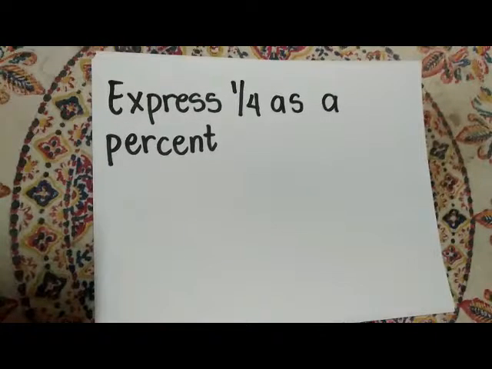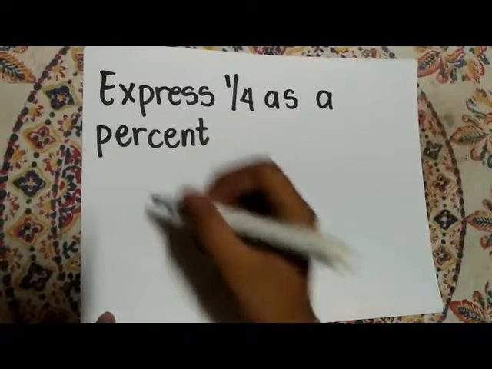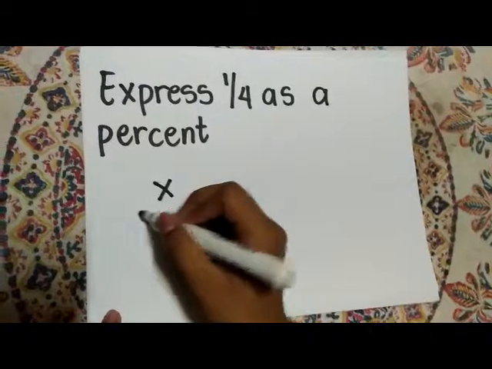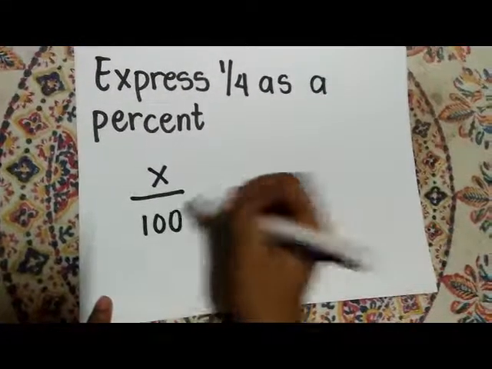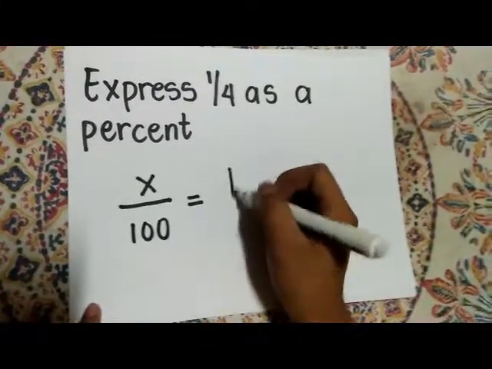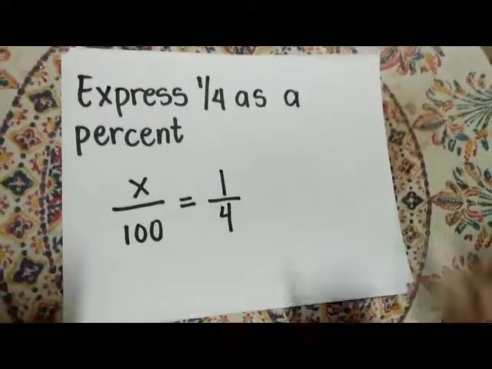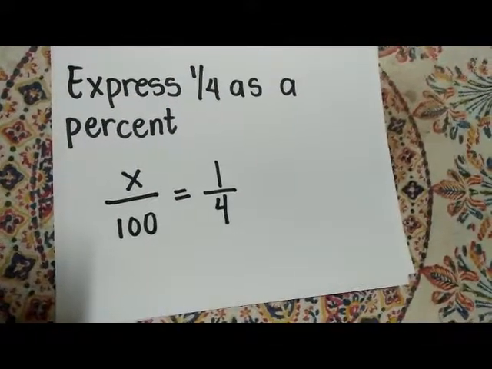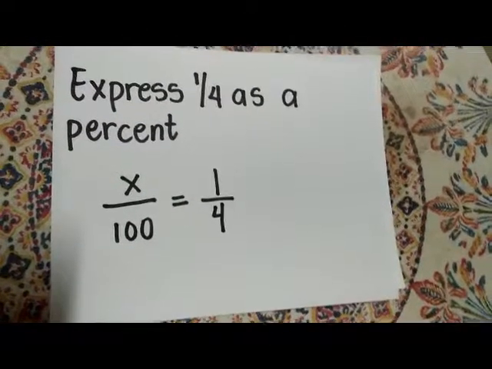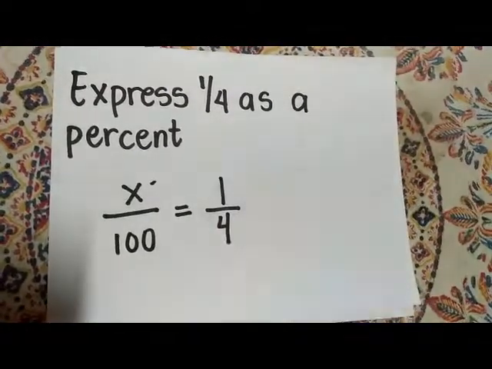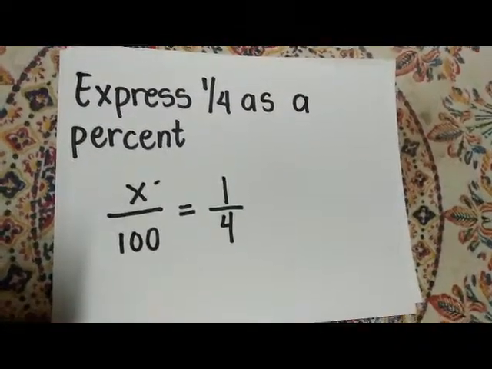Thus, the solution will be x over 100 is equal to 1/4, where x here is the percent expressed by 1/4.